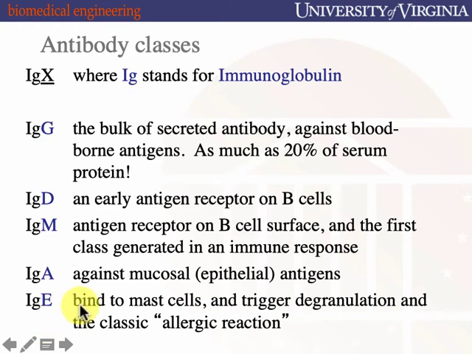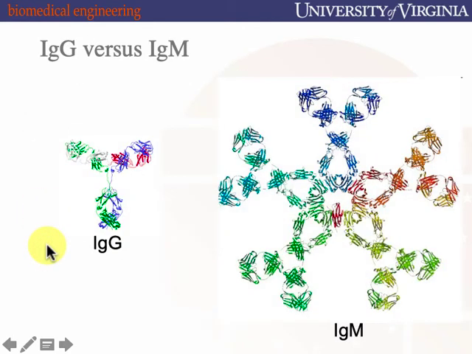So when we think of allergic reactions, it is really the IgEs that are the antibody recognizing those epitopes, right? So they're particularly able to activate mast cells, trigger degranulation, and generate this allergic response. Those are the IgEs.